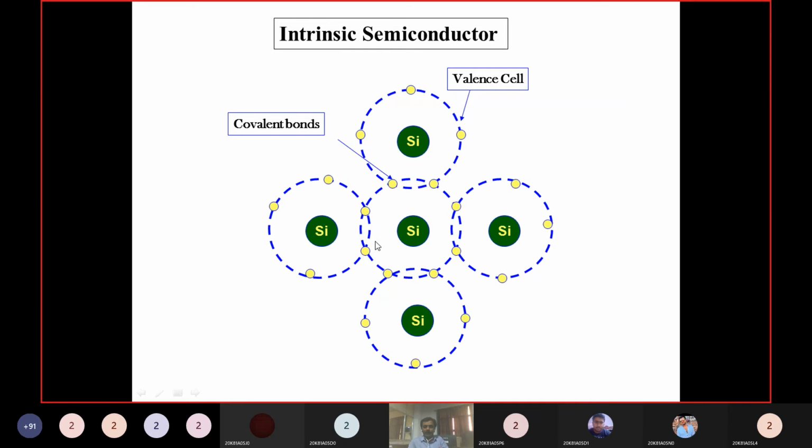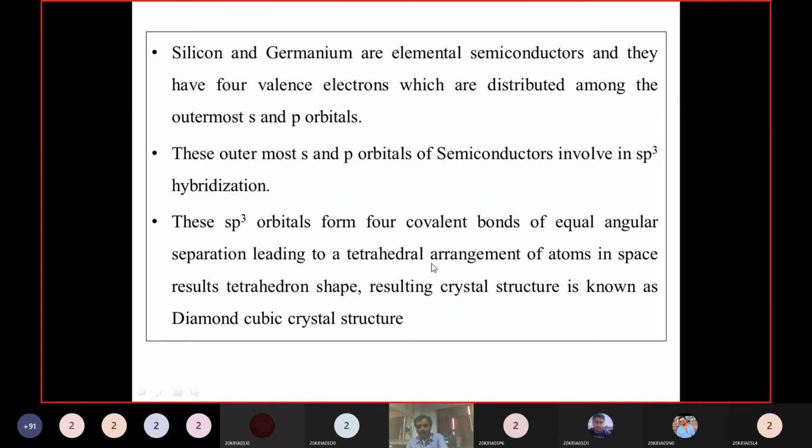These two electrons are combinedly shared between this silicon and this silicon. Similarly, the surrounding silicon also shares electrons with both silicon atoms. That is why a covalent bond occurs between the silicon atoms.